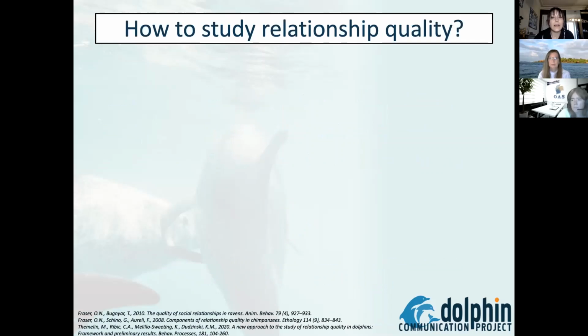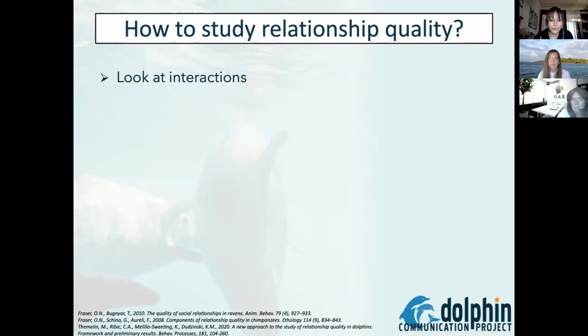And so how do we actually study relationship quality? Well, we have to look at interaction for sure. So if your species are cryptic, like dolphins that live underwater, you have to find a way to observe them. So for dolphins, you have to go in the water with them.